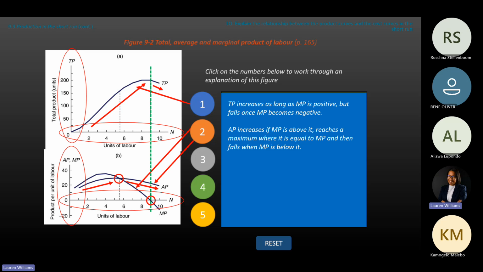Okay, starts to increase at a decreasing rate, and then it hits its maximum point. And when it reaches its maximum point, we say that is at the point where your marginal product is negative and your average product is still positive. So it's all describing what is happening in terms of your total product in relation to your marginal product and your average product.